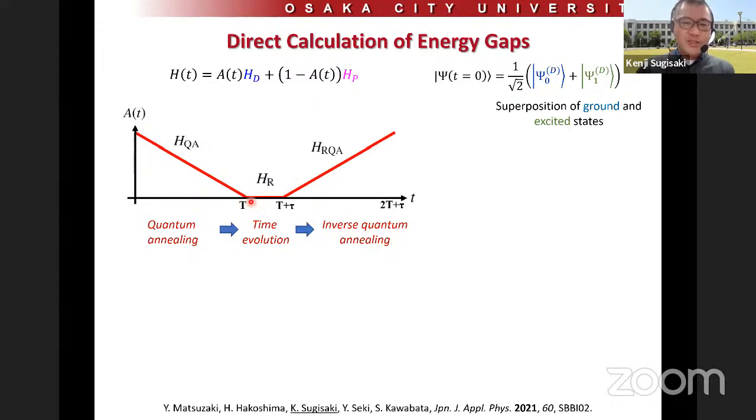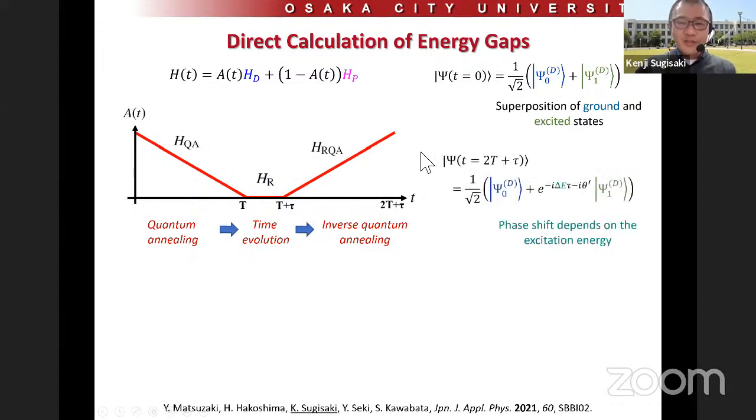and then perform some time evolution. And then after that, we perform reverse quantum annealing. So if we perform this operation, the wave function after this reverse annealing is expressed as shown here.